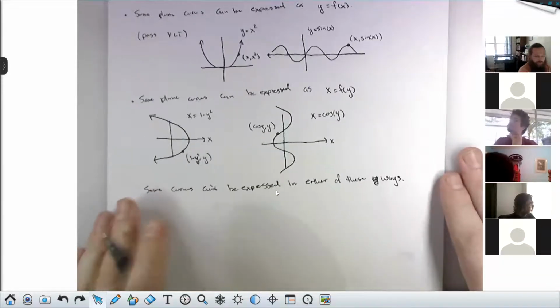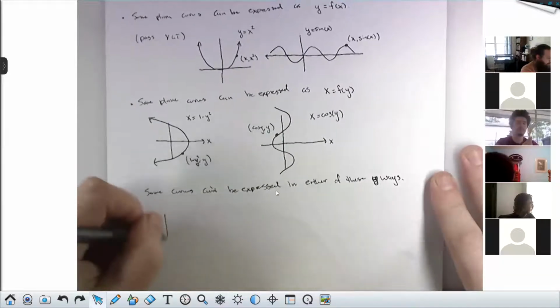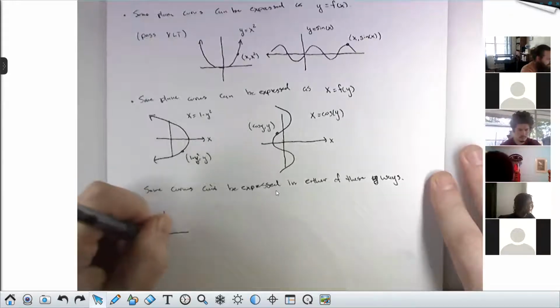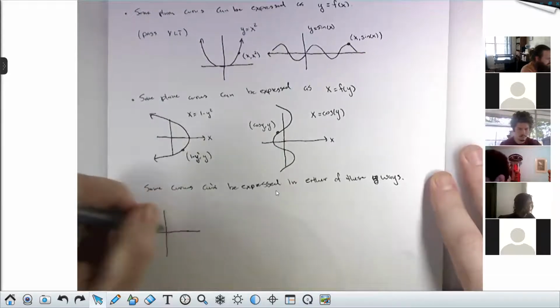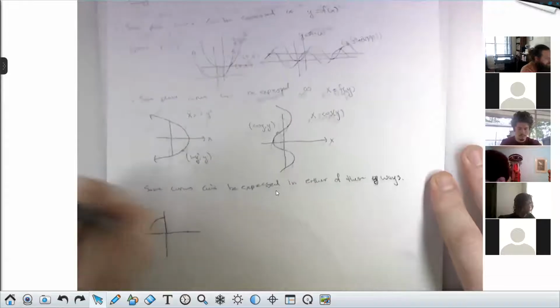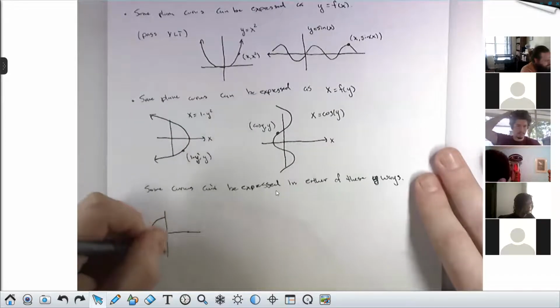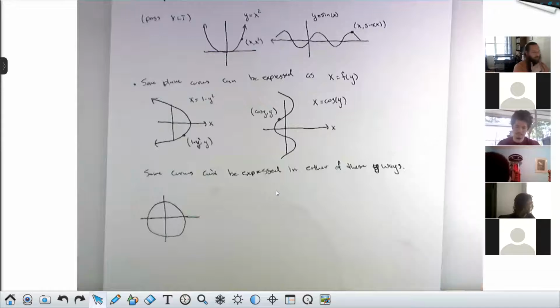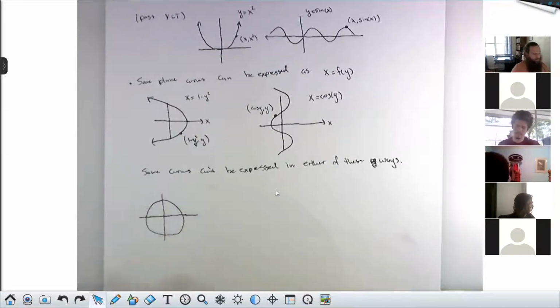Think of the unit circle. The unit circle passes neither the vertical line test nor the horizontal line test. Whether you're looking with respect to x or with respect to y, this is not a function.